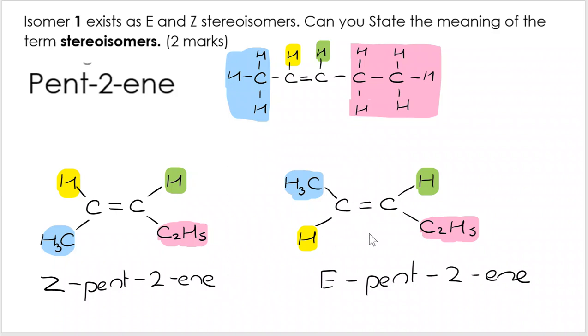Because what this has now done is taken my lowest value in terms of atomic numbers and it's above the double bond on the right hand side and it's below the double bond on the left hand side. So they are on opposite sides. And that means E entgegen pent-2-ene. So we have Z pent-2-ene and E pent-2-ene.